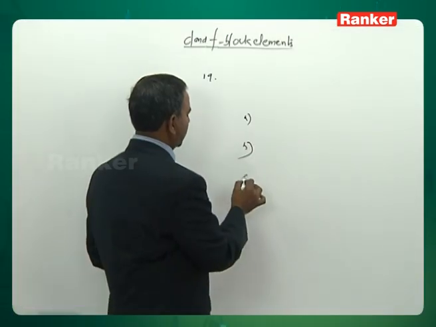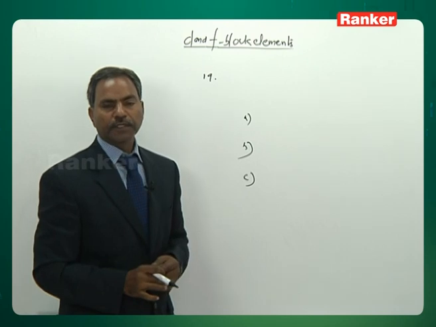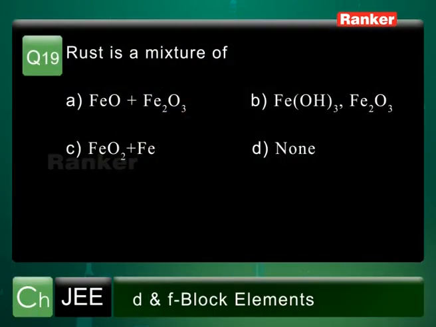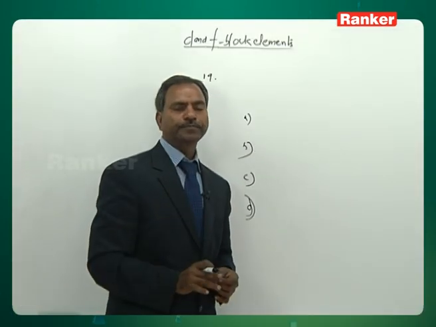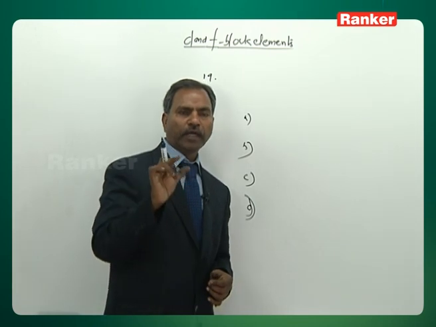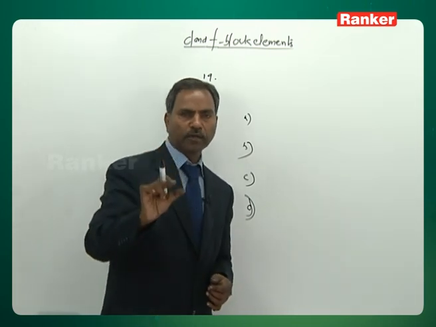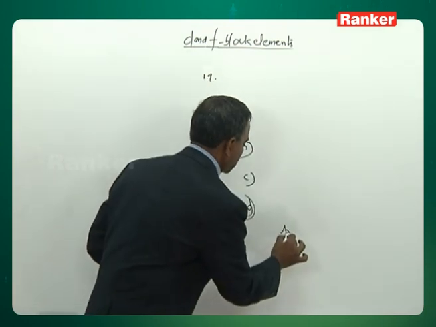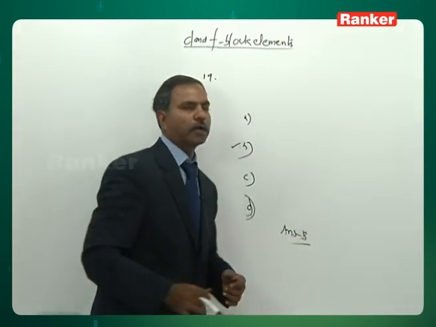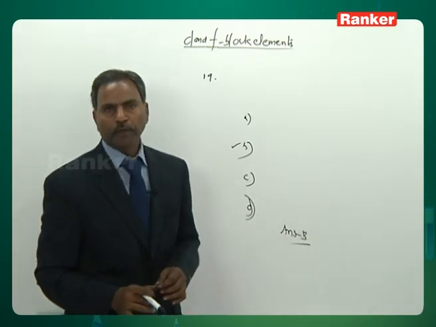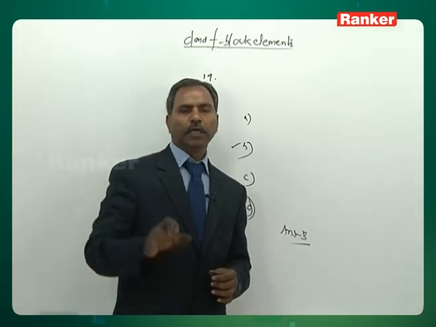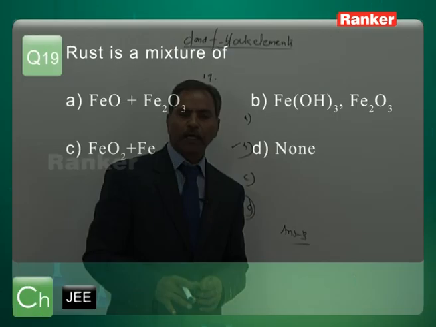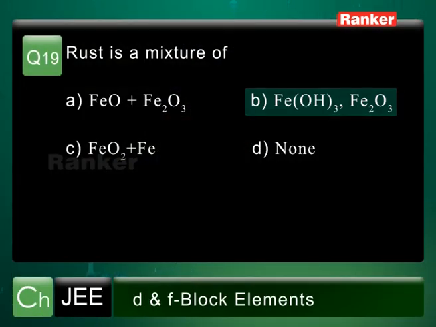Option C is FeO2 and Fe. And D is none. Rust is a mixture of ferric oxide and ferric hydroxide, therefore option B is the correct answer. Remember the exact composition of rust: a mixture of ferric oxide and ferric hydroxide.